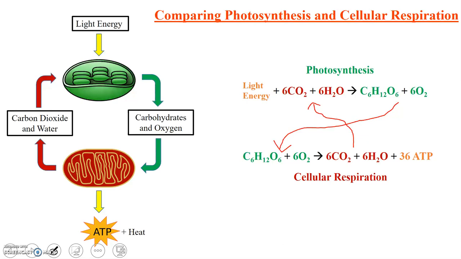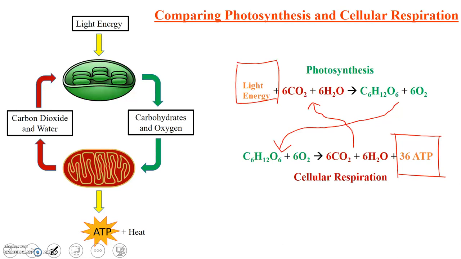The big difference that we have is the energy molecules. So we have light energy here that's going into photosynthesis, and then we have ATP that's coming out of cellular respiration. So what I want you to see here is that really we're looking at conservation of matter. We have the same molecules, the same atoms going in and going out of both of these reactions.